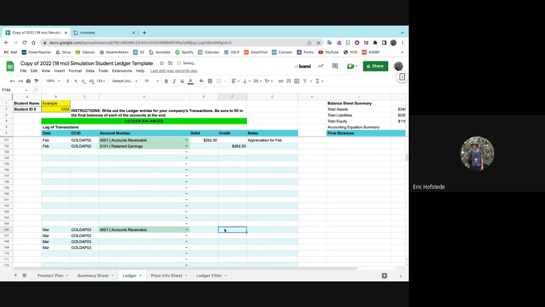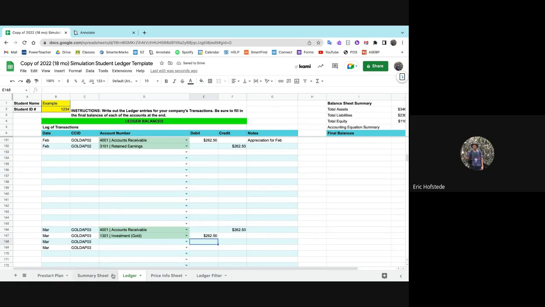So we're going to credit the accounts receivable. And last month it was $262.50. See that up here, 262.5. And we're going to turn that into our actual gold. Same amount to balance it.